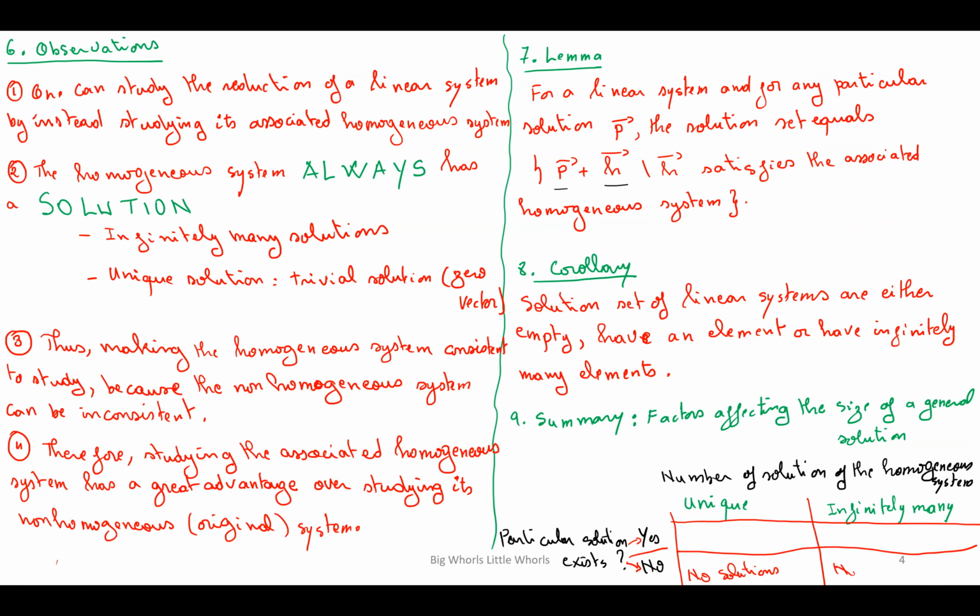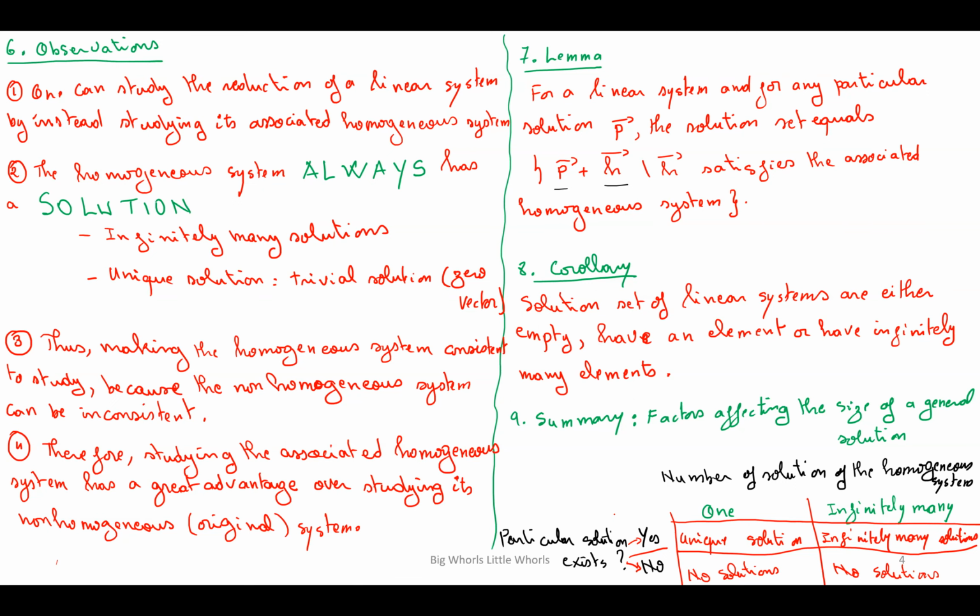But if a particular solution exists, then the system has either a unique solution, the whole system, or infinitely many solutions.